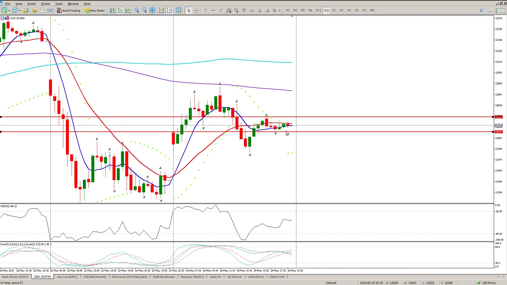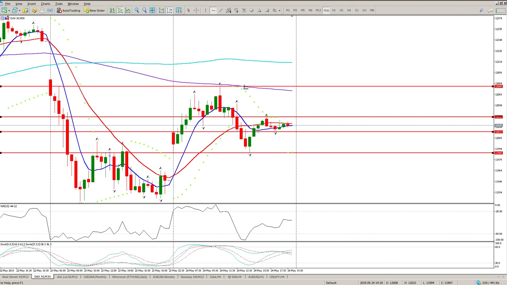And the converse is true to the downside. It may rally down, come up, test any of these breaks, give you an opportunity to add to your trade. But the ultimate breakouts we're looking for are obviously the highs and lows of yesterday.